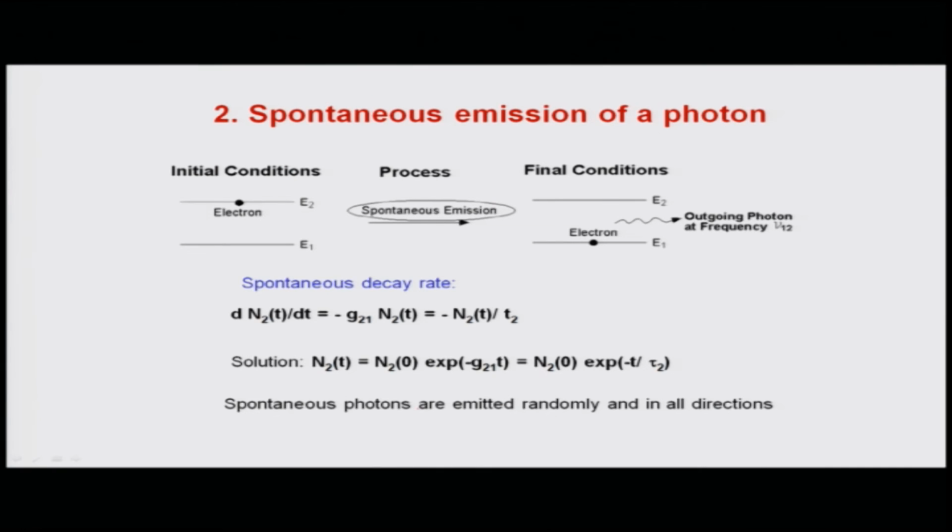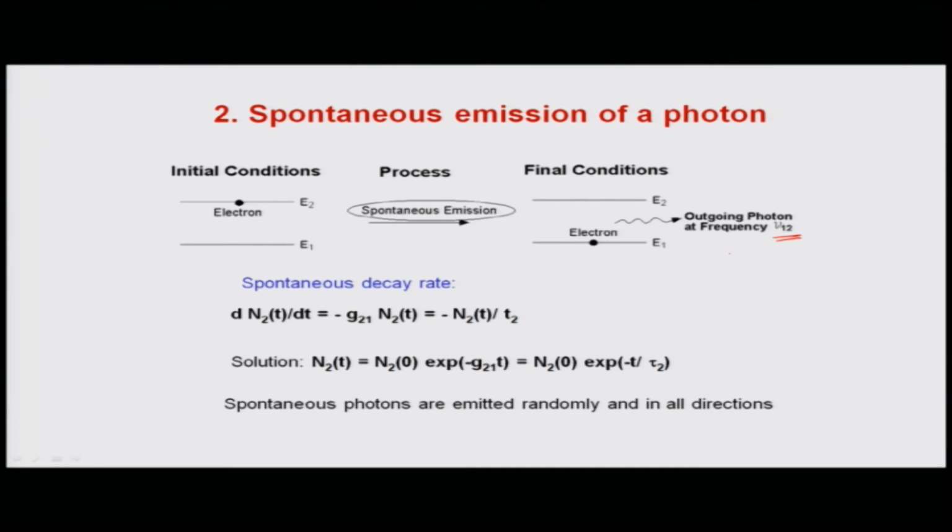Then it can have two different conditions, because now we have created an initial condition where my electron is in the excited state. It could be a spontaneous process, where it just comes out, and the outgoing frequency is equivalent to the incoming one, because the energy gap is the same.